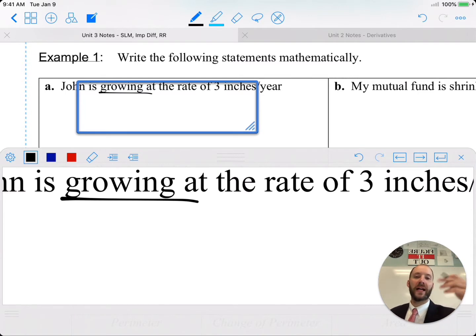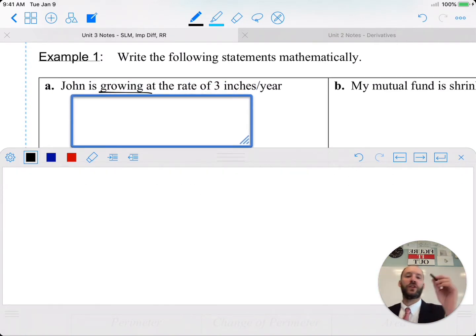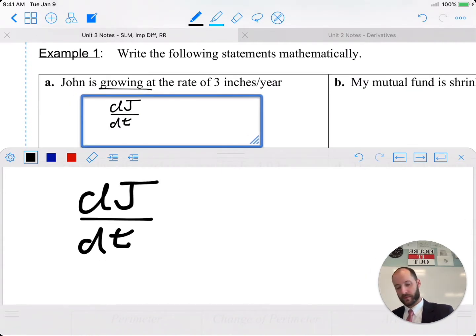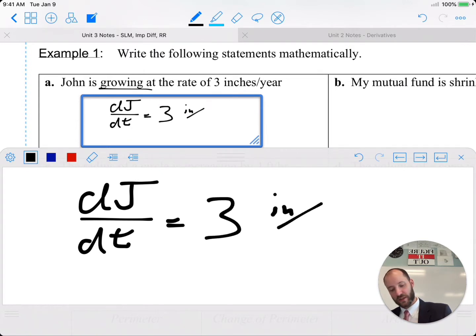We have a positive rate of change. Growing usually means positive, getting bigger. So the rate of change we're looking at is John, so dJ/dt, the rate of change of John with respect to time. That would be a positive 3 inches per year, alright?